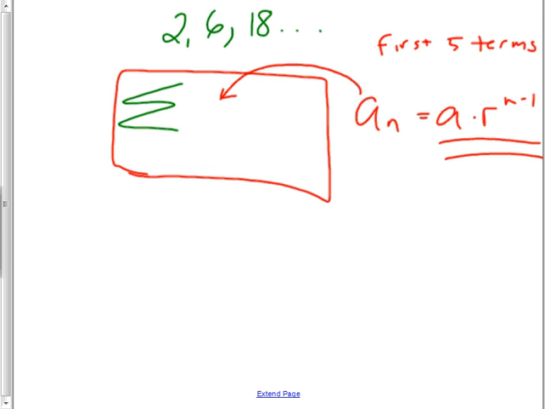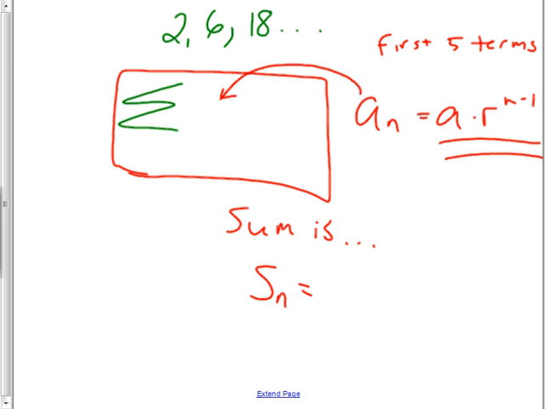To help out the people at home, what is the formula for actually finding the sum? Which one, A, B, C, D, or E? D. The reason it's not E, E is only used for the kind that go on forever. And we're only doing the first 5 terms. So then you use this one.